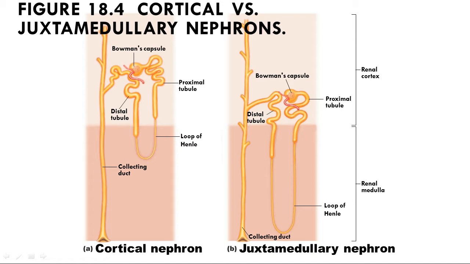Quantitatively, there would be more of the cortical than the juxtamedullary, but I don't know what the proportion actually is. Does anybody know? I don't think it's necessarily a room thing. It's just not necessary. So a few nephrons are necessary to keep the gradient, and the rest use it, basically.